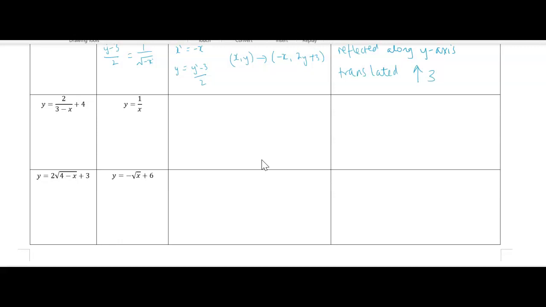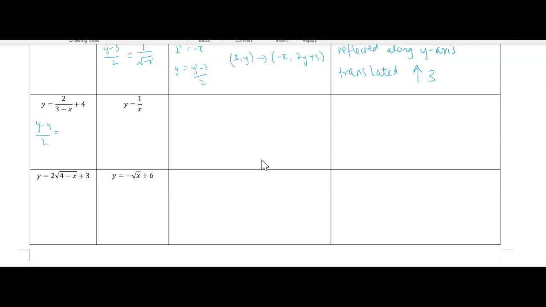All right, so the next two. Now, you can see my second equation is y equals 1 over x. So I'm going to write the first one in the same format, like we've been doing. So I'm going to bring that 4 over, and then I'm going to divide both sides by 2.